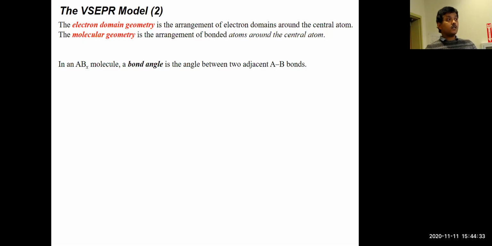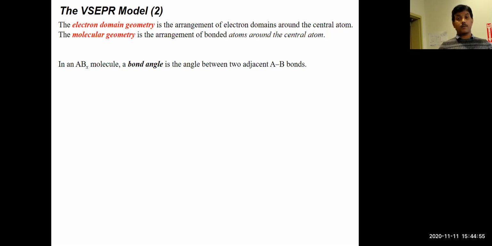The first one is electron domain geometry. Electron domain geometry is the arrangement of electron domains around the central atom. Electron domains are all of them: a lone pair, a single bond, double bond, or triple bond.